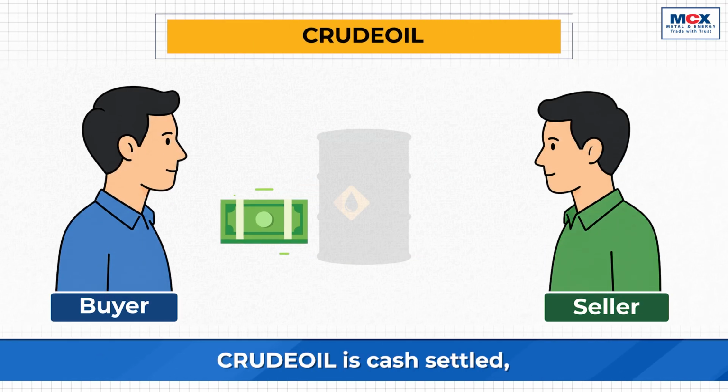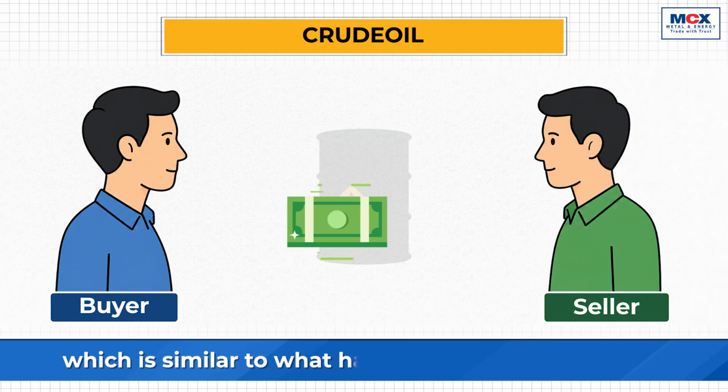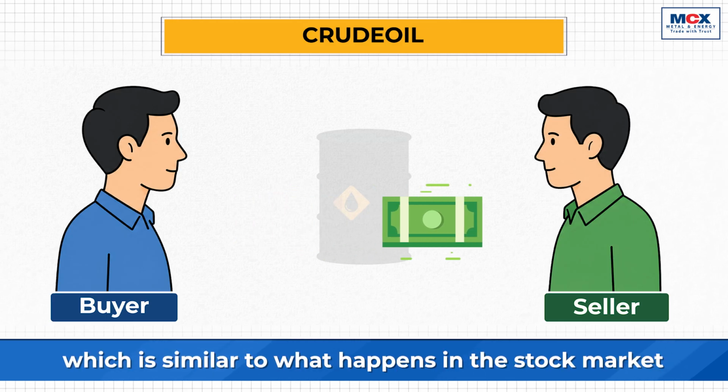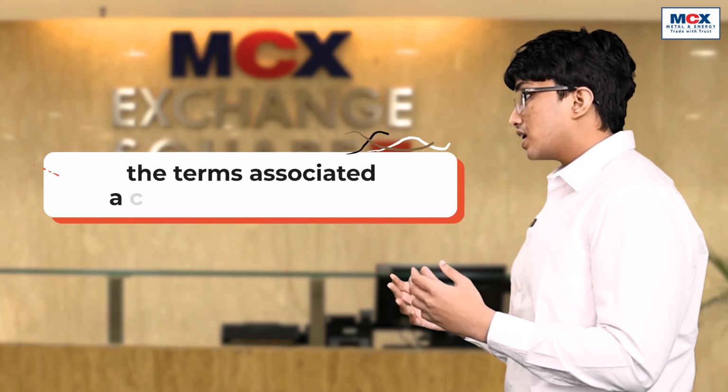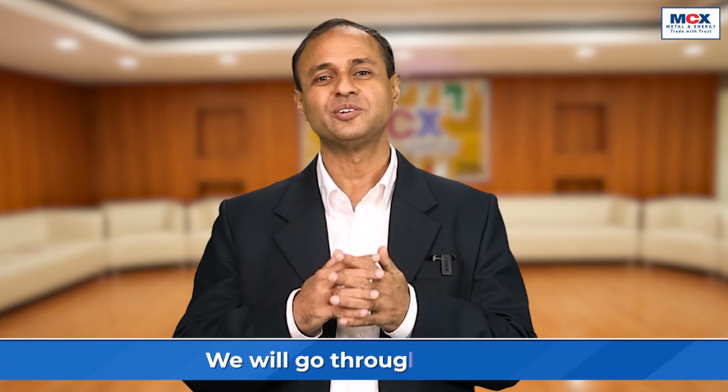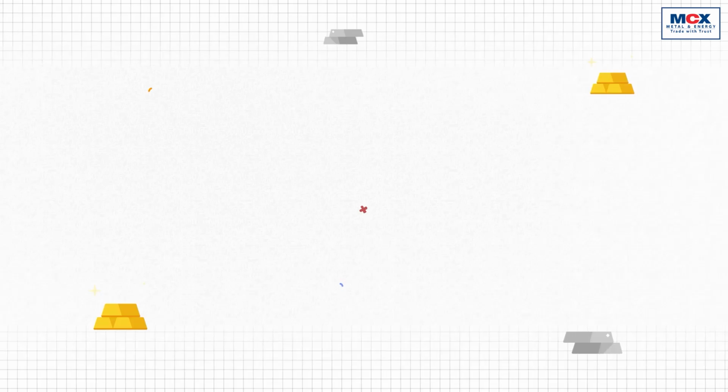Crude oil is cash settled, which is similar to what happens in the stock market. It is so interesting to learn and understand the terms associated in a commodities contract. In a later video, we will go through in detail on how the delivery settlement occurs.